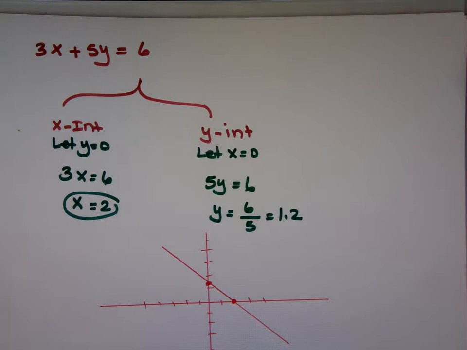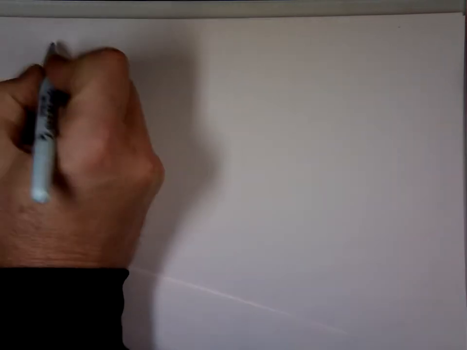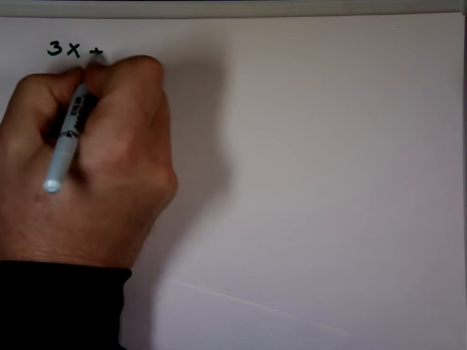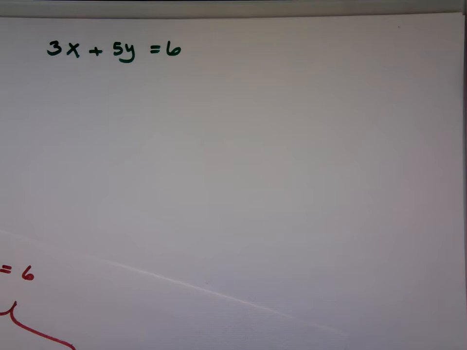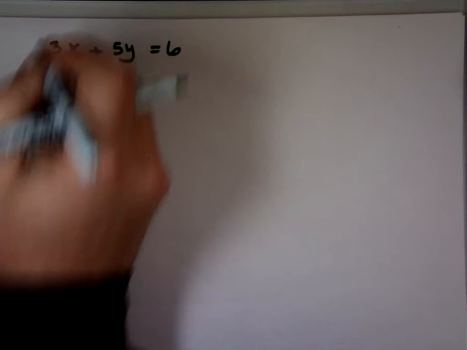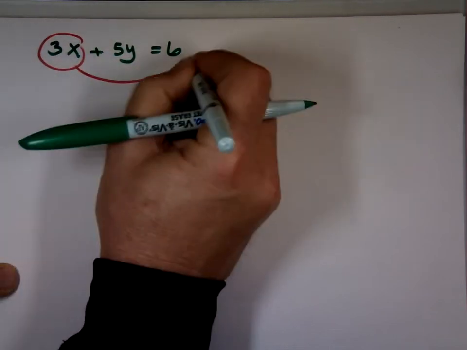The other way of doing it is solve for y. And do it 3 different ways. It's the same problem. You'll see solving for y probably not the best choice here. And when you solve this for y, that means you got to move the 3x to the right side and change side, change sign.